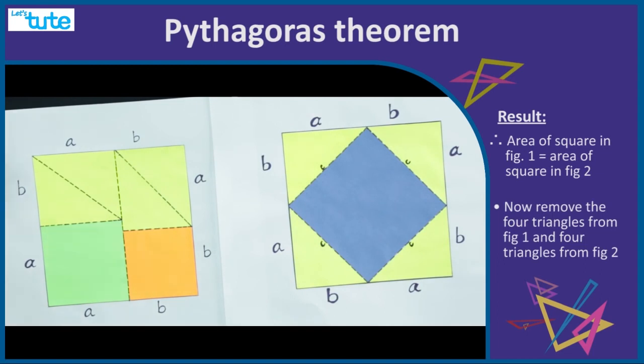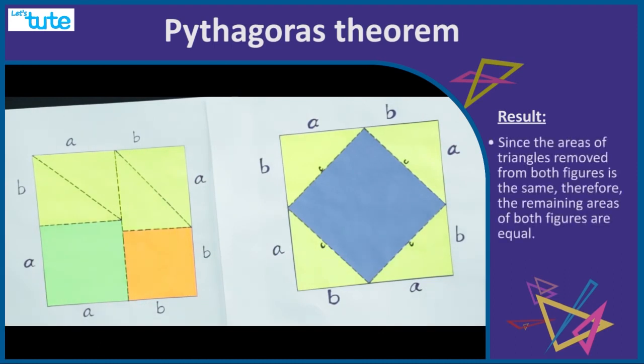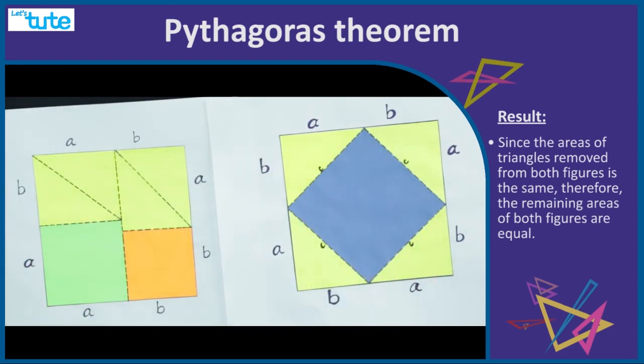Now, if you remove 4 triangles from figure 1 and the 4 triangles from figure 2, you will be removing equal amounts of area from both figures because each of these triangles is equal. Therefore, we can also say that the remaining area of both these figures is also equal.